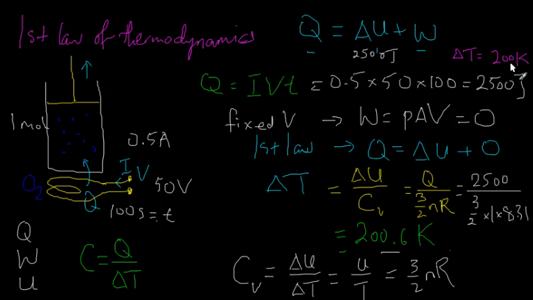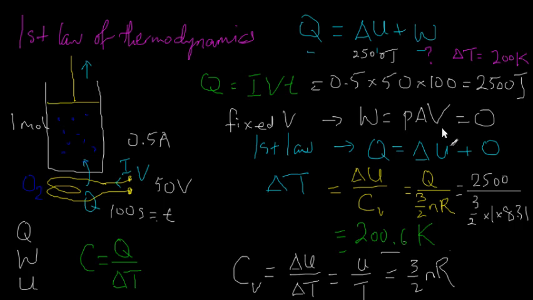But what I need to do then is to find the work done, and then I can add this up to get the heat input. So that would be the next part of this problem.